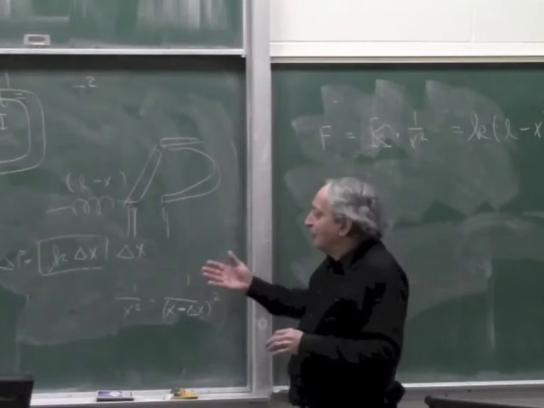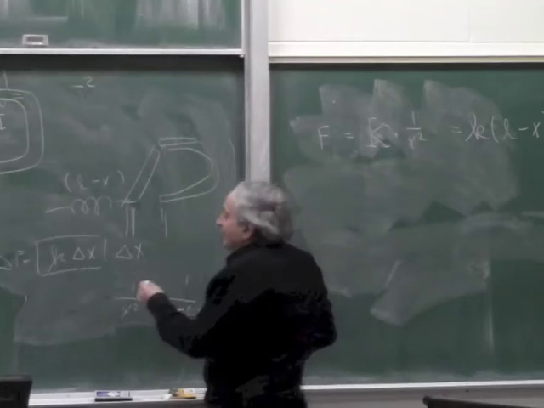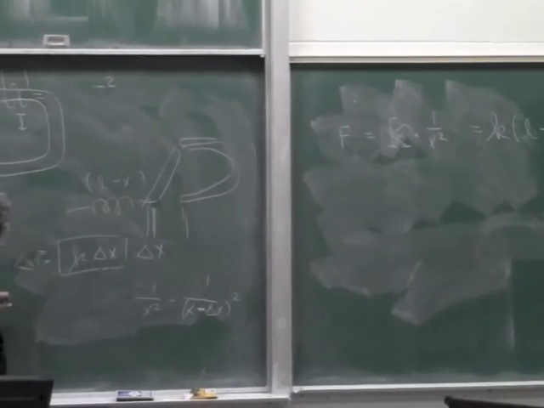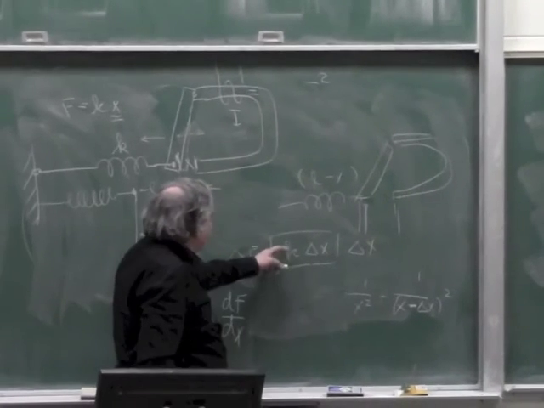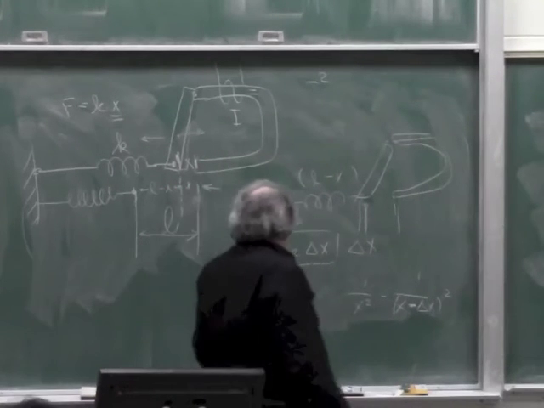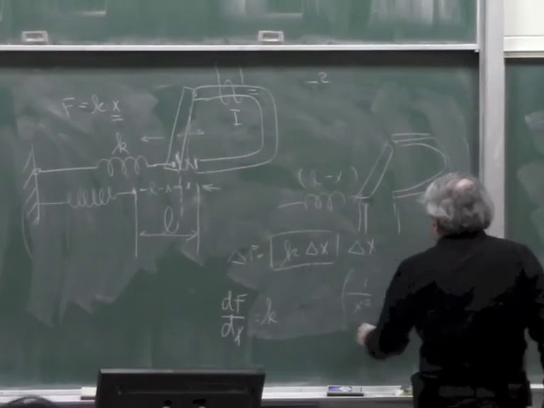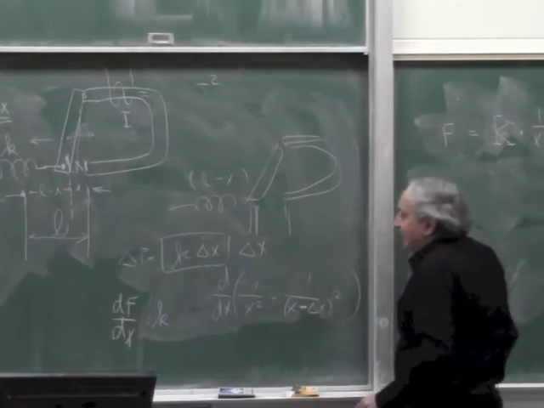So how do I formalize it? When I look at it, I say, what does this really mean? It means that df/dx on this side, which is simply k, is going to be smaller than df/dx of this side.